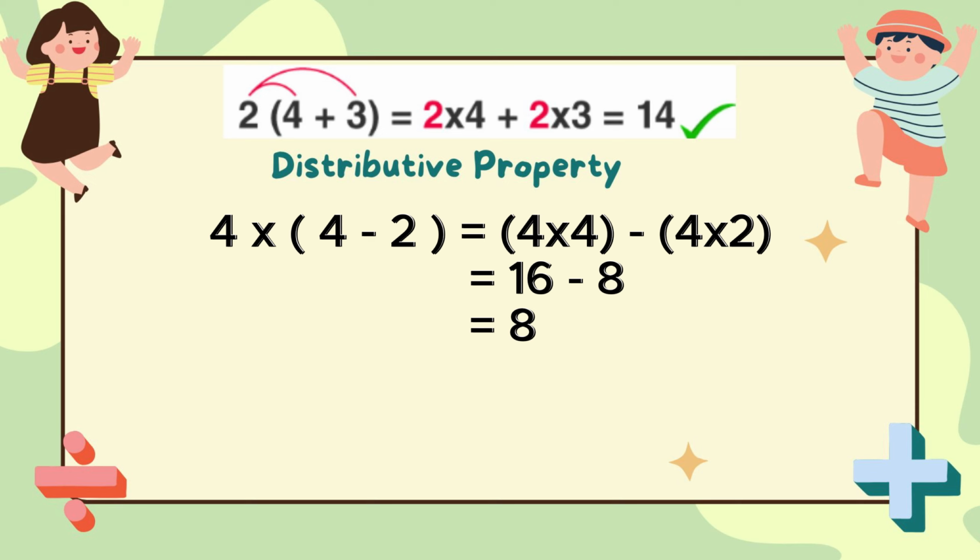Now, without using the distributive property, bring down the 4, and 4 minus 2 is 2. So, 4 times 2 is 8. So this is what is called the distributive property, when multiplication is distributed over addition and subtraction.